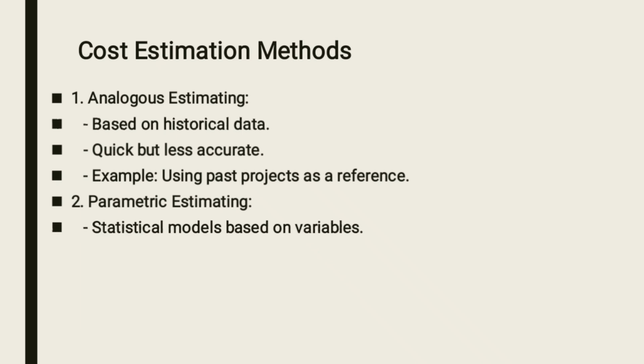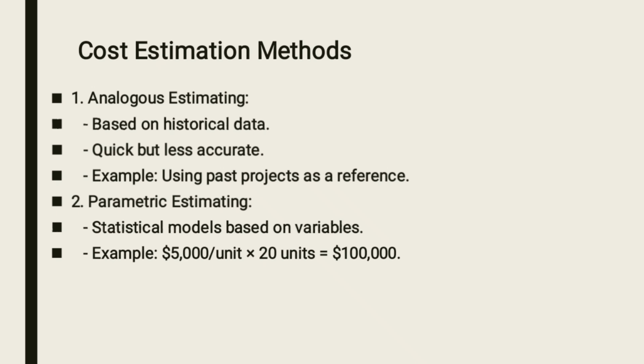Another one is parametric. So on parametric, you're talking of a statistical model based on variables, right? So here you are dealing with numbers. Okay. For example, you are constructing a house, right?